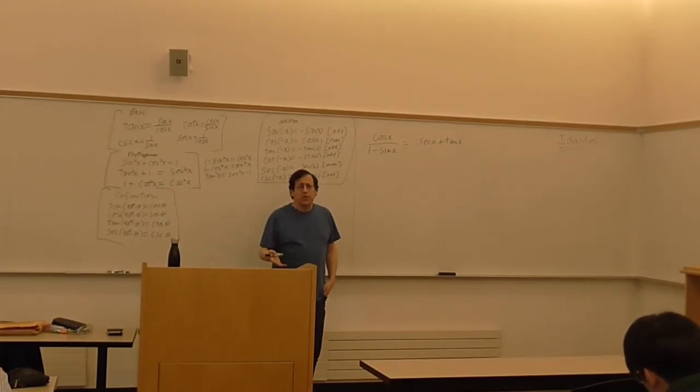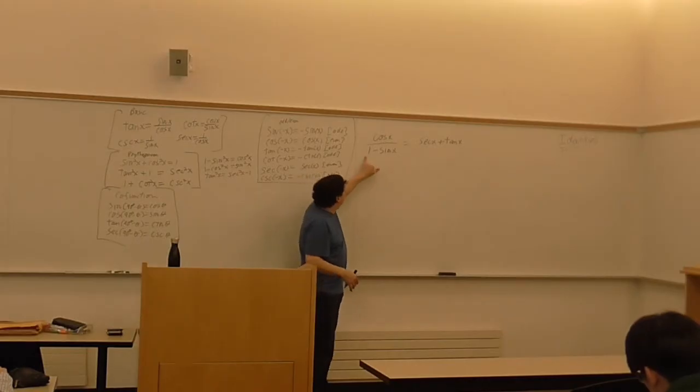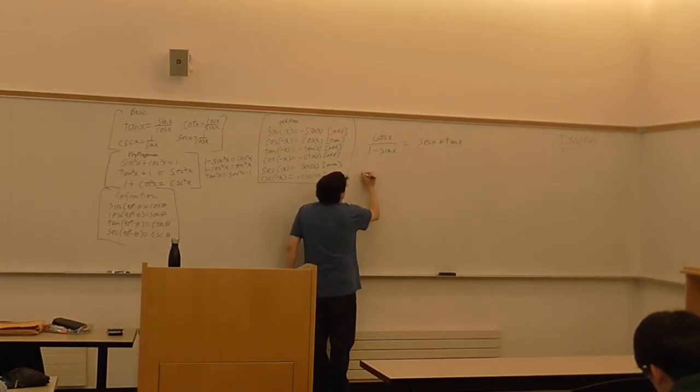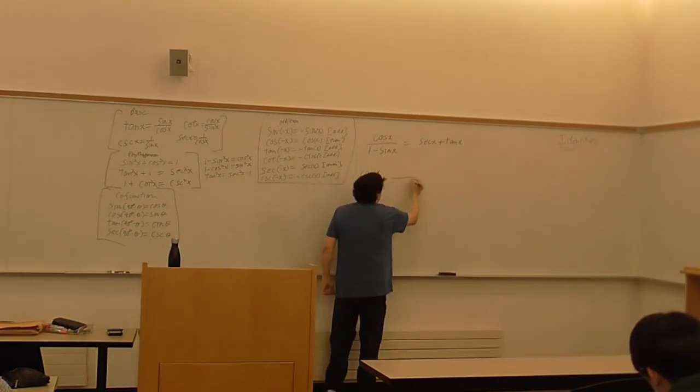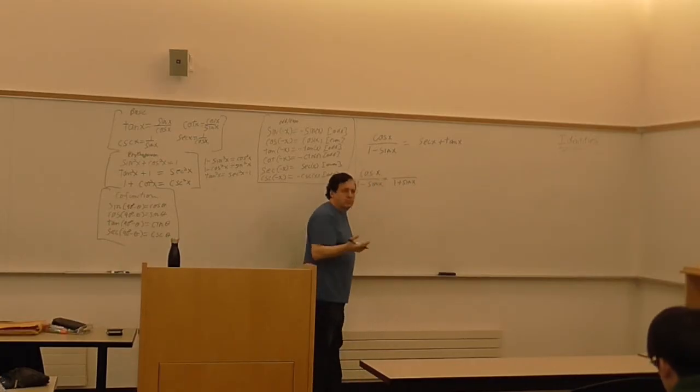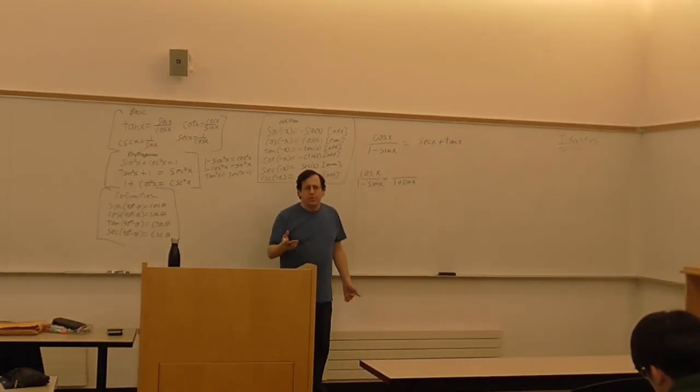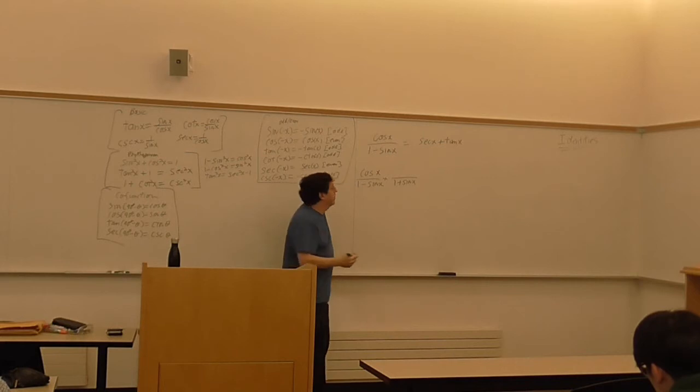We could try something. We could try what we did on the last problem. We could multiply the denominator by 1 plus sine of x. So I have cosine of x over 1 minus sine of x. But I can't just do that. I need to multiply by 1.